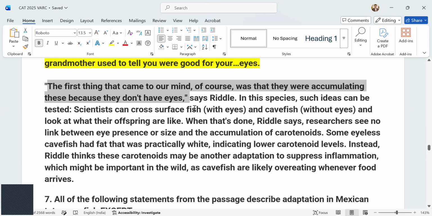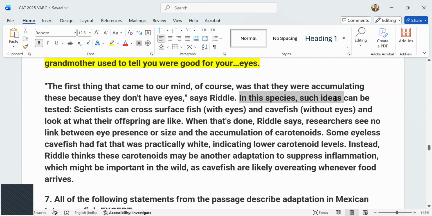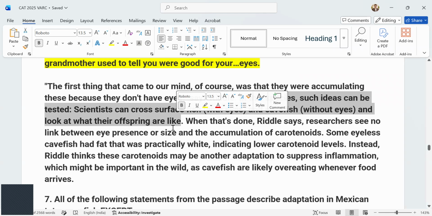So Riddle says because they don't have eyes, they might be accumulating carotenoids. In this species, such ideas can be tested. Scientists can cross surface fish with eyes and cavefish without eyes and look at what their offsprings are like.